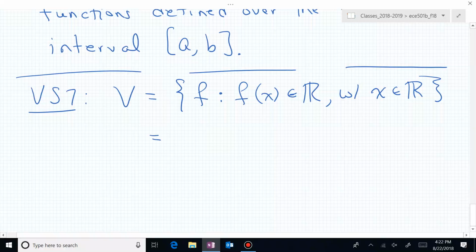Or we could maybe shorten that in terms of its notation.